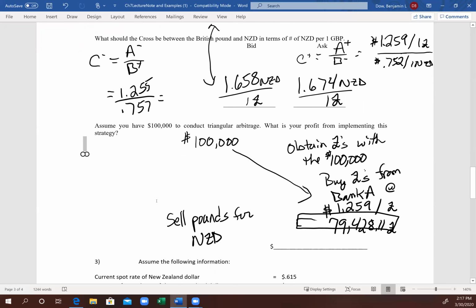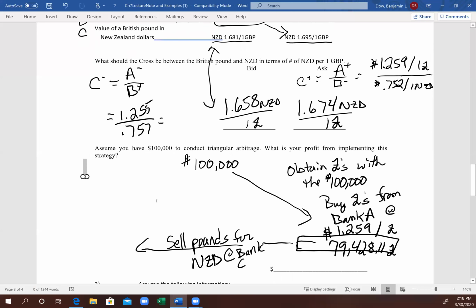Okay. Now what we're going to do is go to Bank C. And now that we have 79,428.11 pounds, we can go ahead and sell them to Bank C. And Bank C, remember, is going to give us 1.681 New Zealand dollars for every pound.